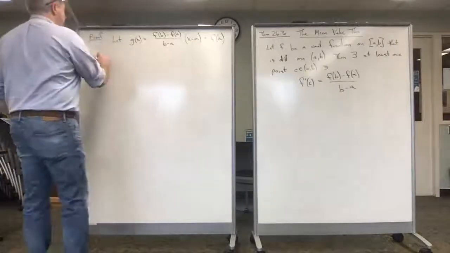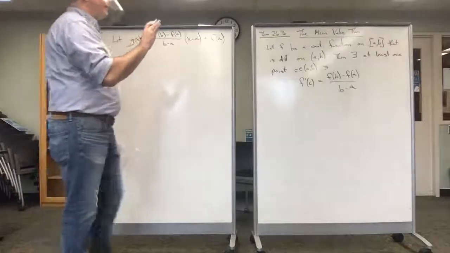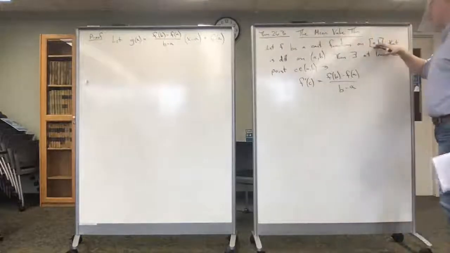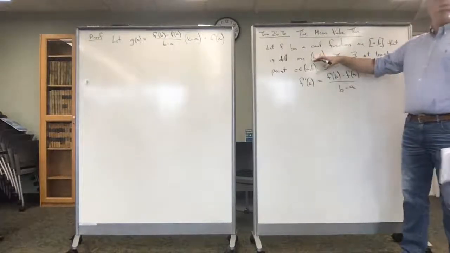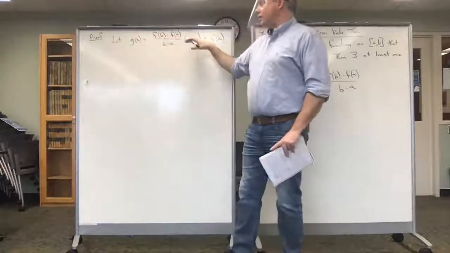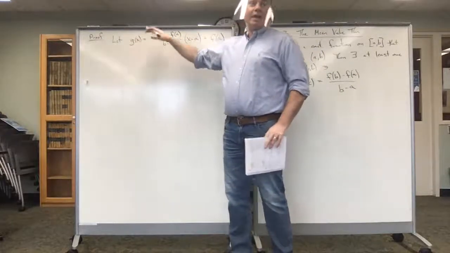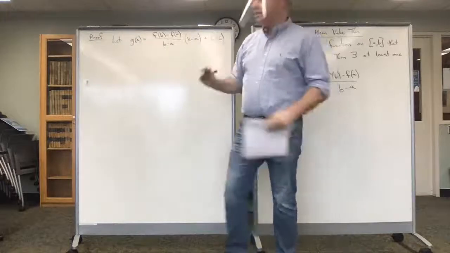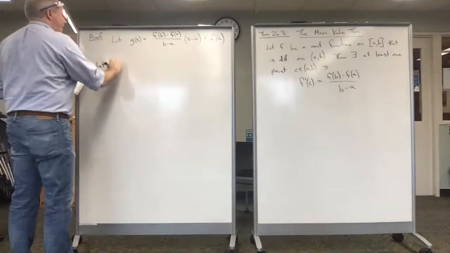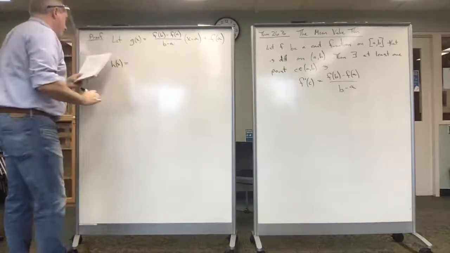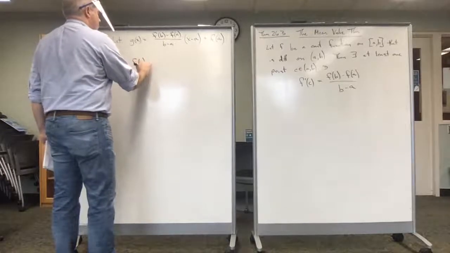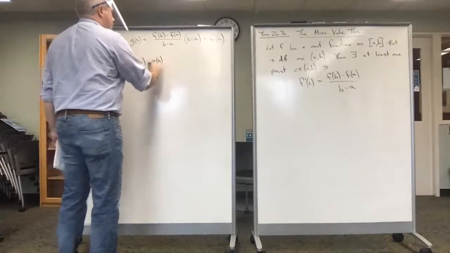Now, what do I know about the function f of x? Well, f is continuous on the closed interval and differentiable on the open interval. In fact, it's continuous everywhere and differentiable everywhere, right? So now let's let h of x be a new function that is f of x minus g of x.